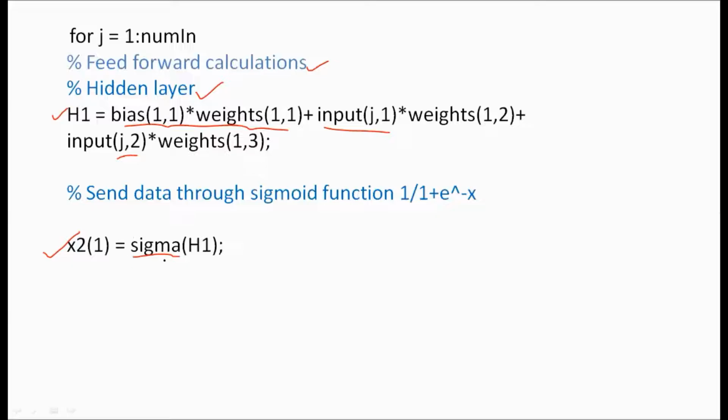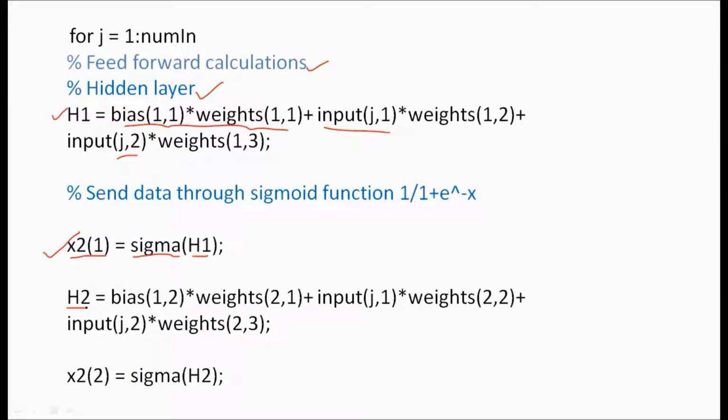We pass the value of H1 to this function so that we get the output of hidden layer node 1. The same for the second node of the hidden layer, H2: we multiply the bias by its corresponding weight, then input x11 by its weight and input x12 by its weight, and H2 is passed again through the sigmoid activation function, and we get X22 as the output of the second hidden layer node.